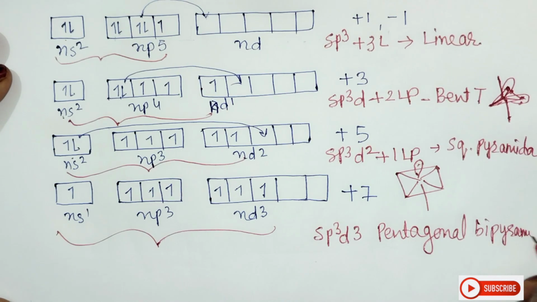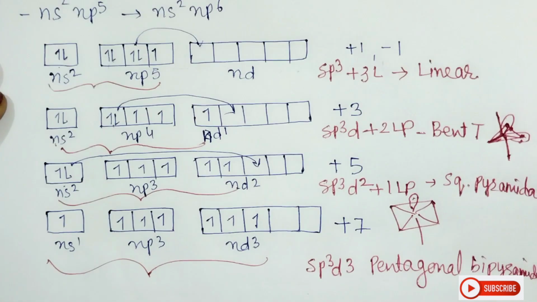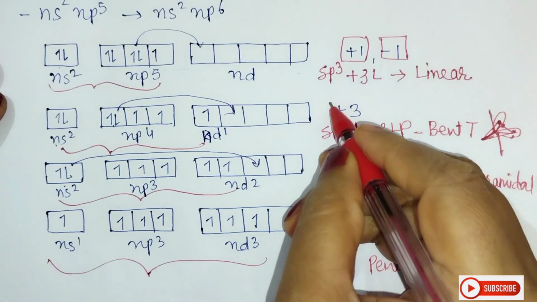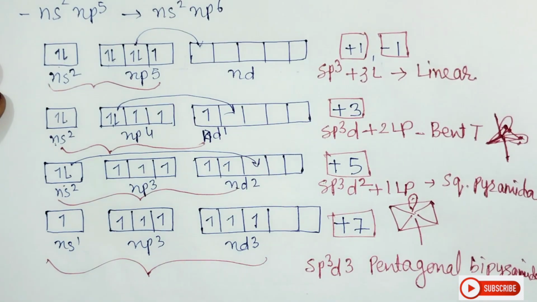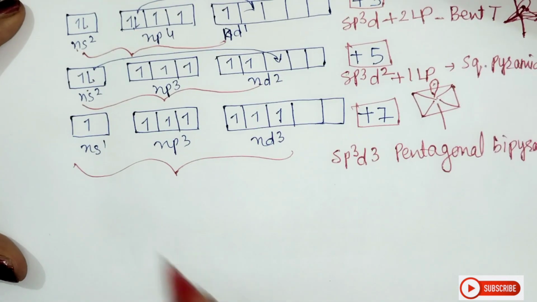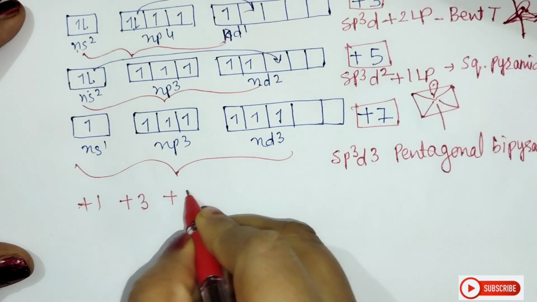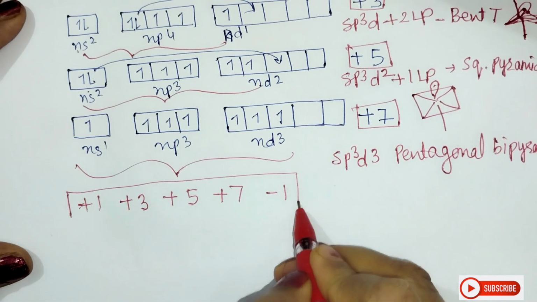As there are no lone pairs, the geometry will be the regular geometry. So students, the oxidation states possible in halogens are +1, -1, +3, +5 and +7. So halogens can exhibit +1, +3, +5, +7 and -1 oxidation states.